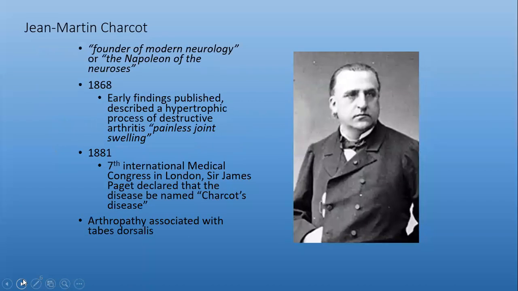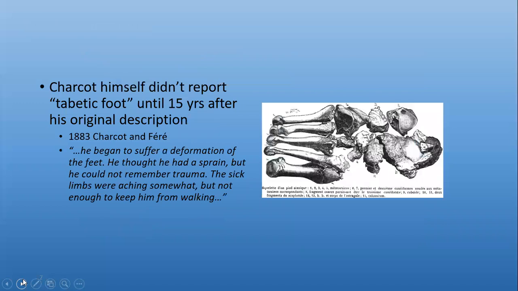And then here's Papa Charcot. So this Jean Martin Charcot was really the one who explained this the best and the most in the literature. We first talked about this painless joint swelling, and then later on this arthropathy associated with tabes dorsalis, and he explained it in the late 1800s: these patients started beginning to suffer a deformation of the feet.